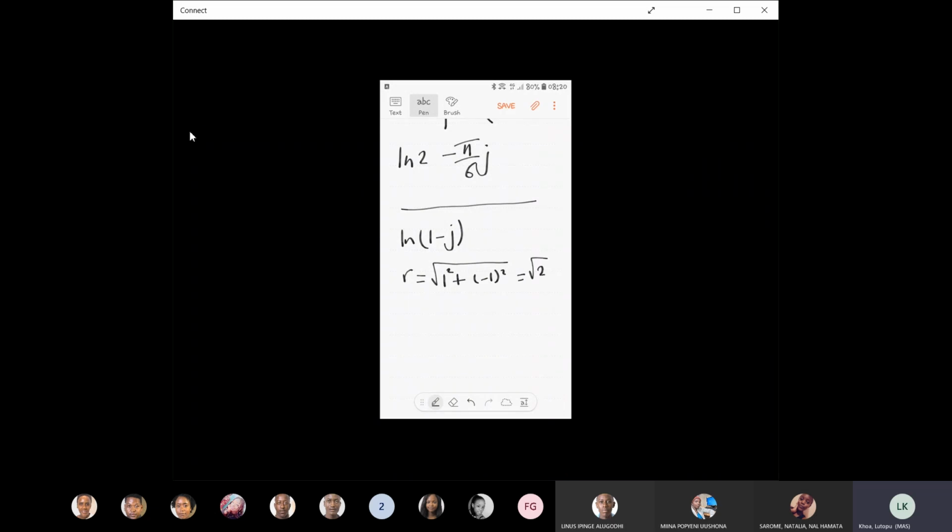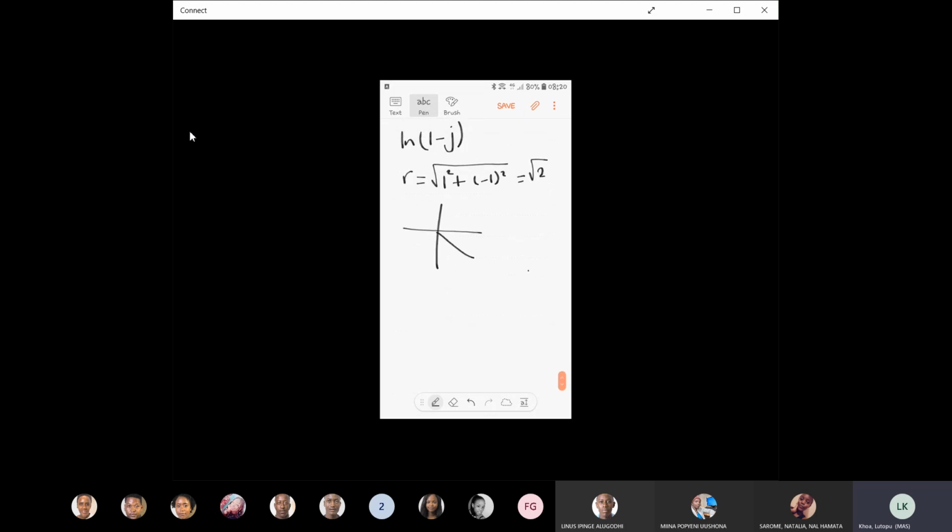Okay, and then here my complex number lies in the fourth quadrant. Okay, so what I can do is I know that this angle over here is equal to the reference angle over there.